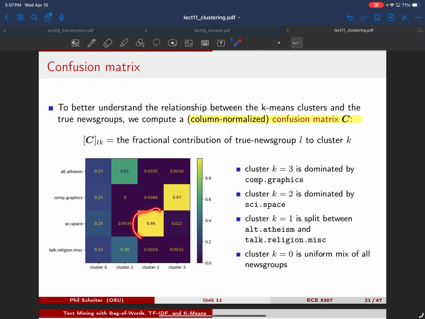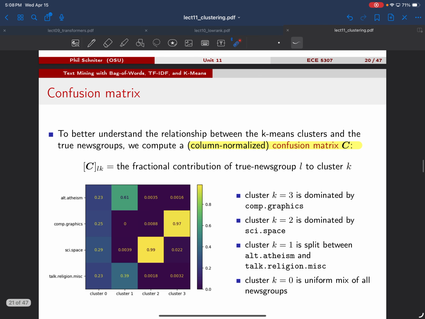Cluster 2, 99% come from sci.space. So those are definitely successful clusterings. Cluster 1 is 61% from alt atheism and 39% from talk religion misc. So it's doing a reasonable job, because those may be very difficult to split apart. But in cluster 0, something has gone wrong. It's uniformly allocated across the 4 ground truth clusters, so it didn't really do anything useful.